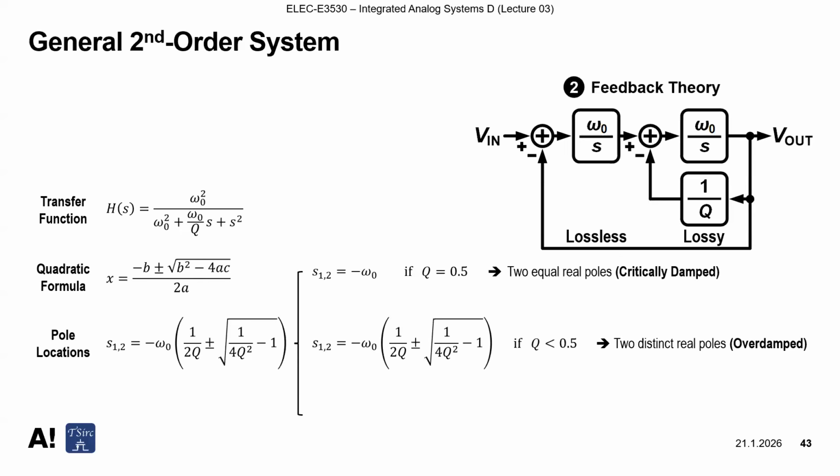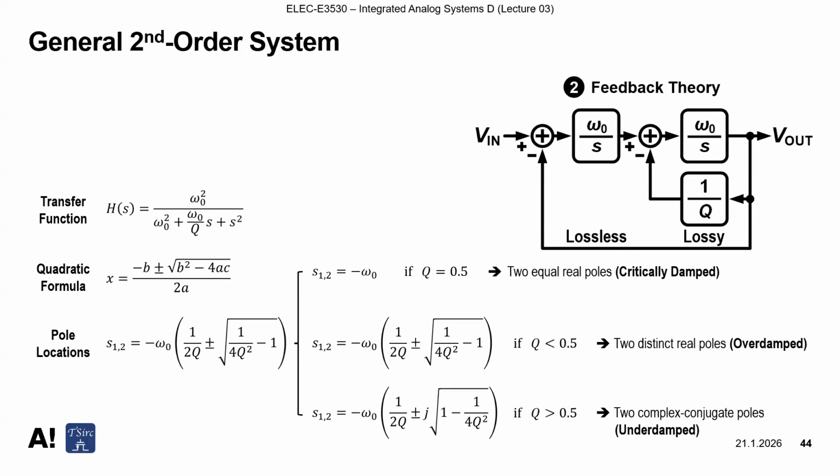If we take a Q factor less than 0.5, that means 1 over 4Q squared is larger than 1. Then there is no way to make this inner term negative, no way to make this square root imaginary. Then we have two distinct real poles. There are no imaginary pole terms, so we call it overdamped. And now we are facing a special case.